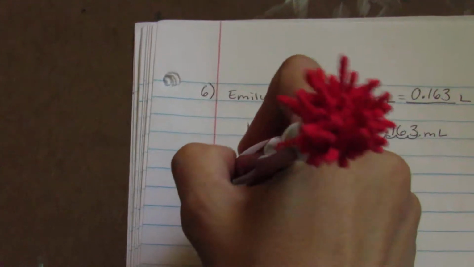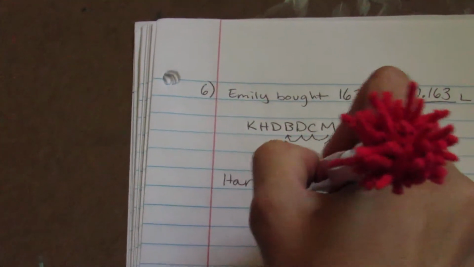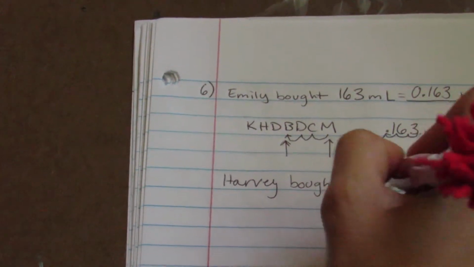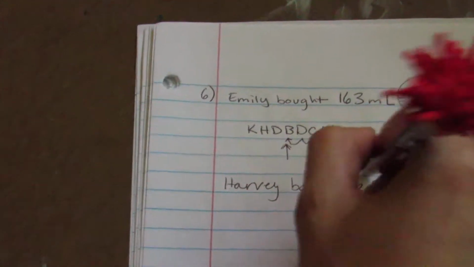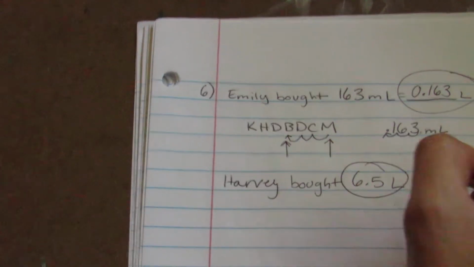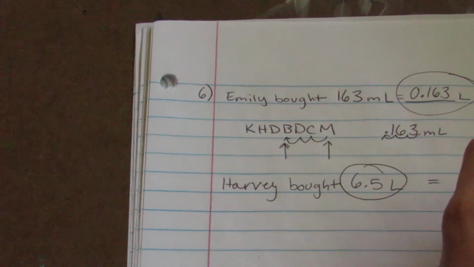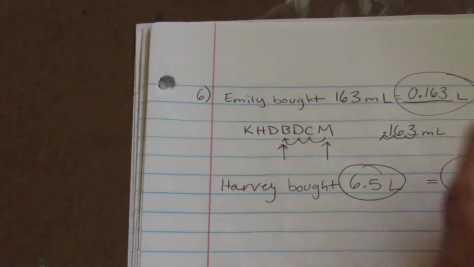Then it said Harvey bought 6.5 liters. So if I add Emily and if I add Harvey's amount, I'm going to get a total of 6.663 liters for the teachers of OJ.